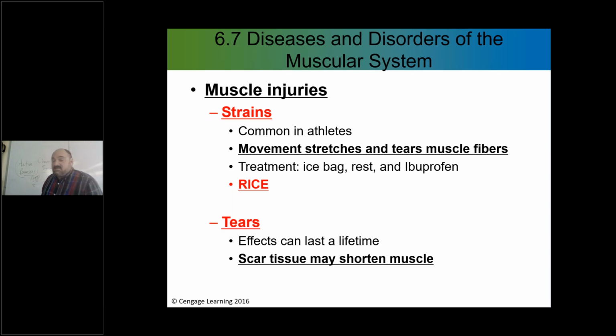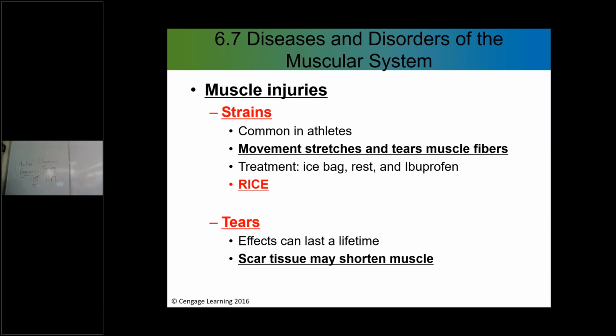Now, let's take a look at some different injuries. I said to you that a strain is an overstretching and tearing of muscles and tendons. A sprain is an overstretching and tearing of ligaments.